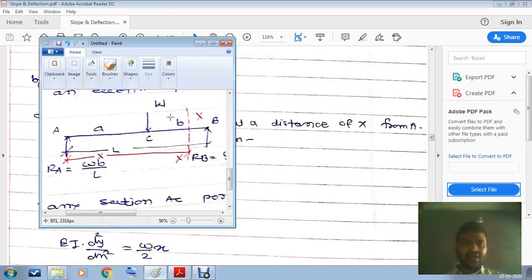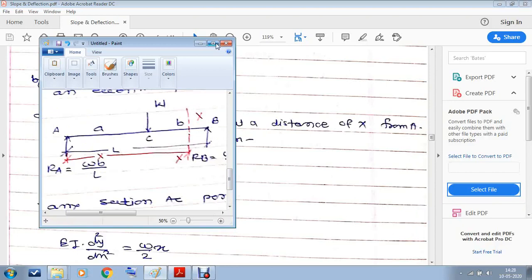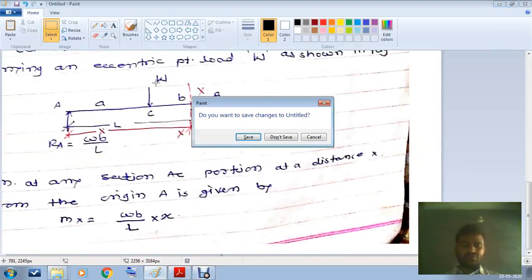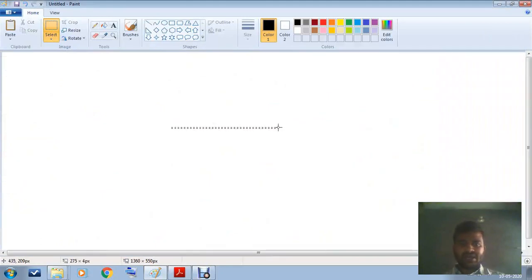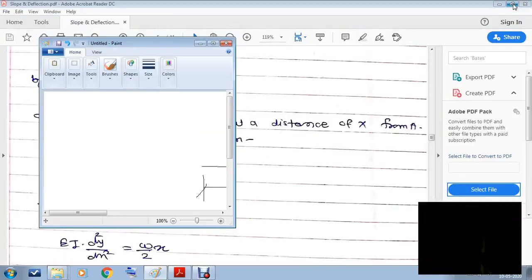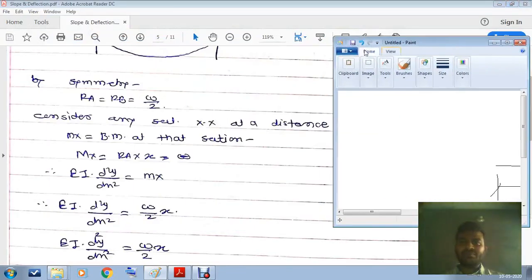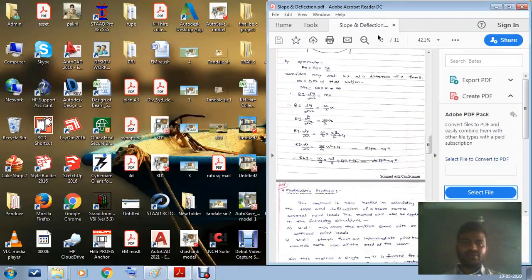So here I have considered a section XX. Let us consider this as a simply supported beam. At a distance X from this point A, let us consider a section.